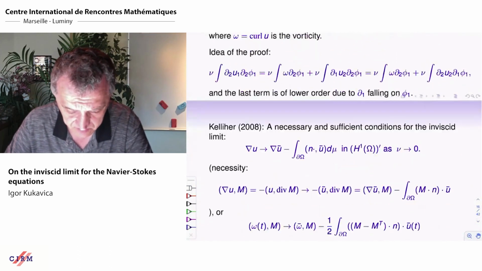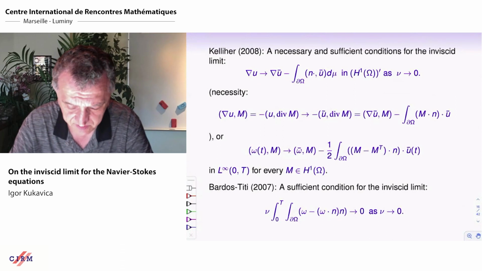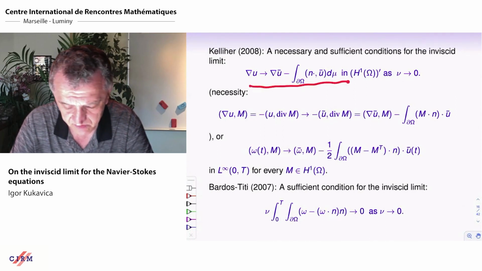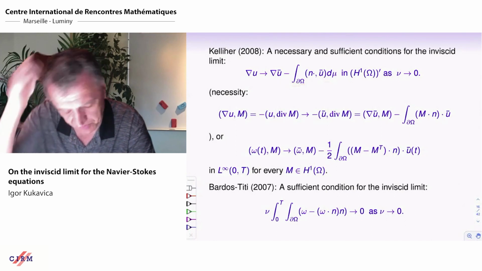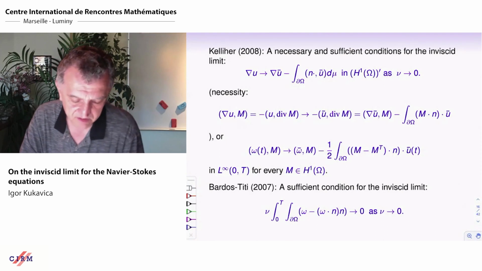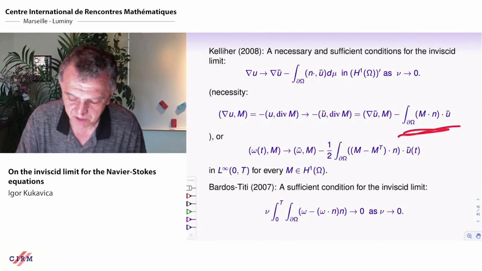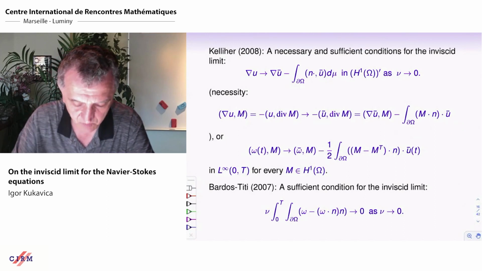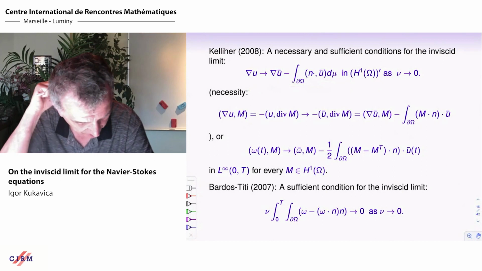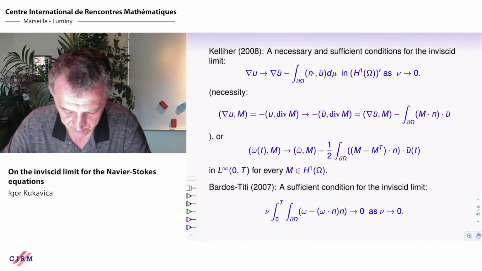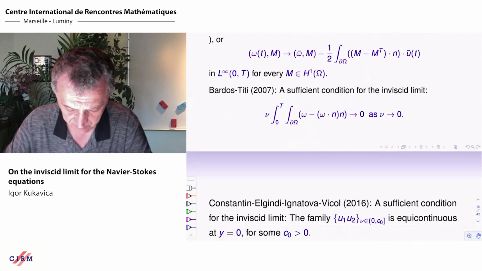Okay, so then there is a more involved condition with convergence in H1 prime of the gradient, which again can be proven by integration by parts. And the enemy is always this boundary term which arises, and this has to be dealt with in some way. So this is the condition in H1 prime. And there is also a Bardos-Titi condition, omega minus omega dot n, going to 0.